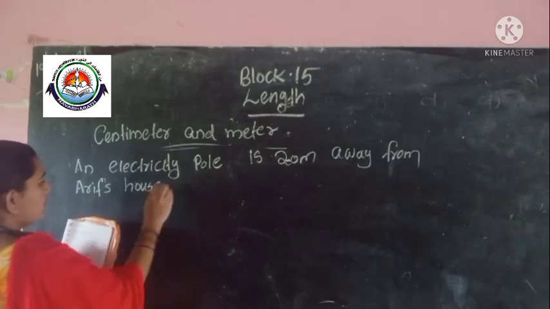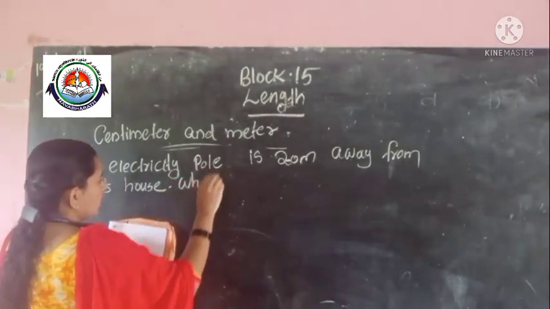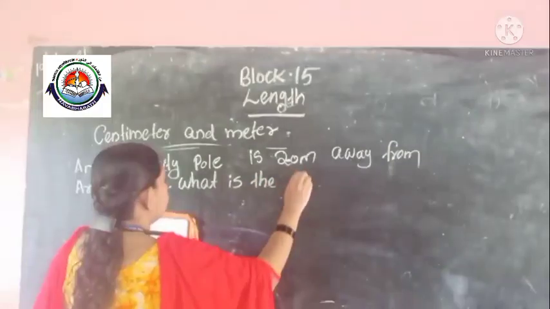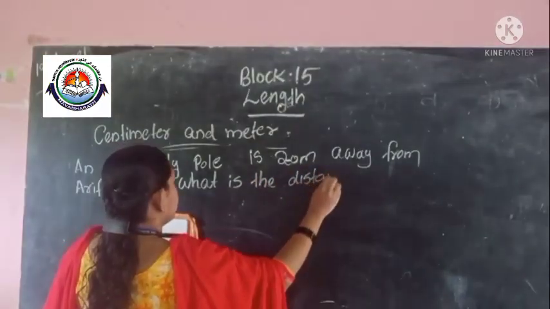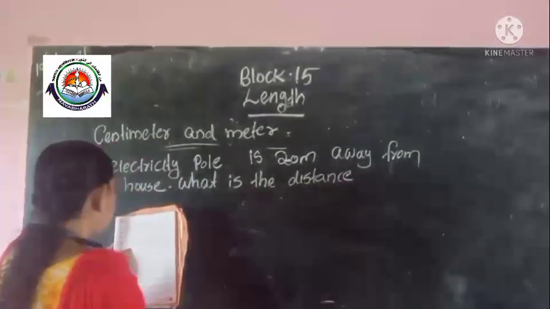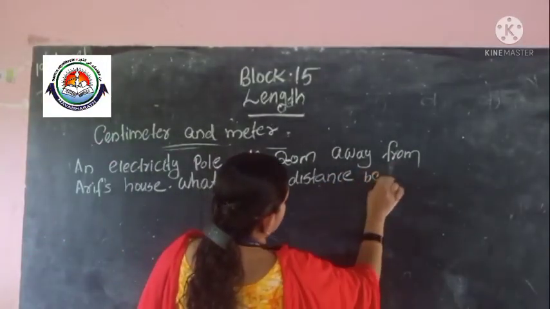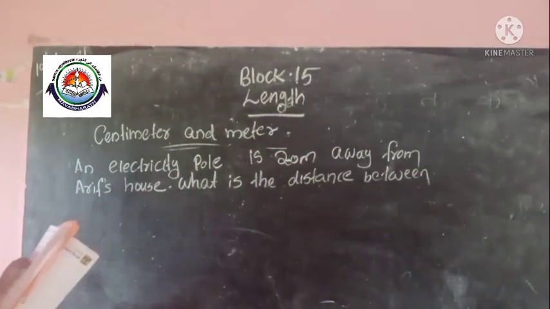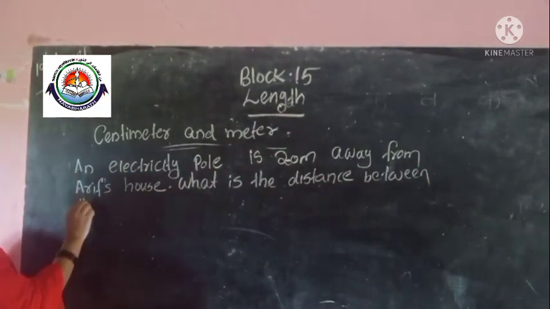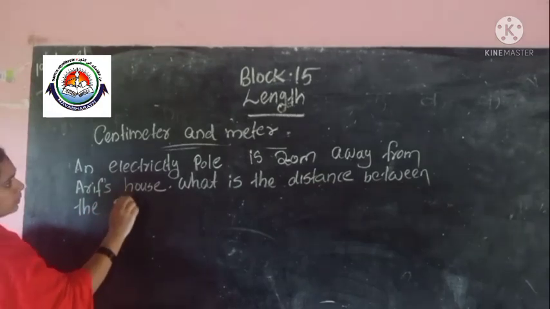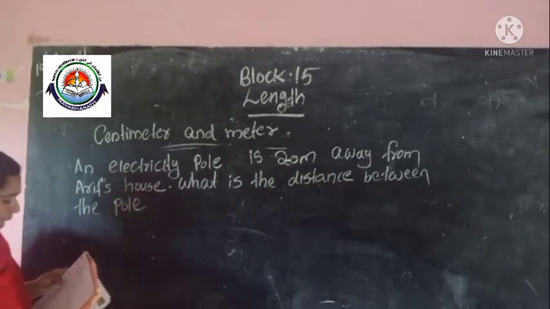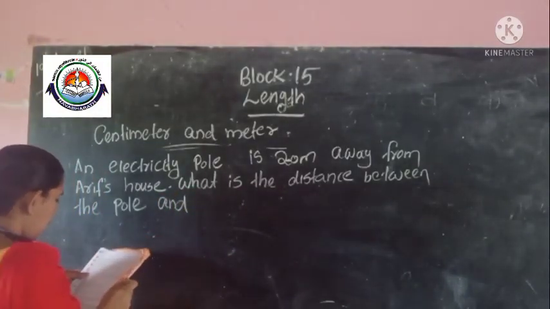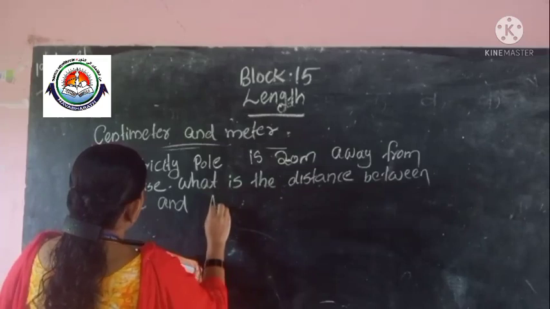What is the distance between the pole and Arif house in centimeters?